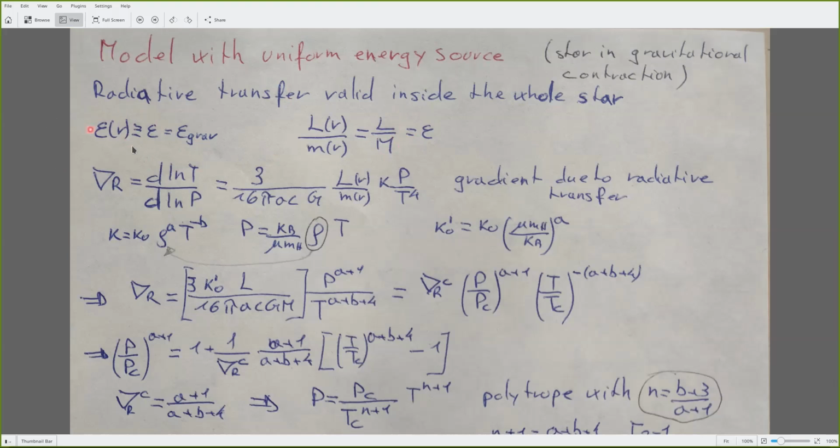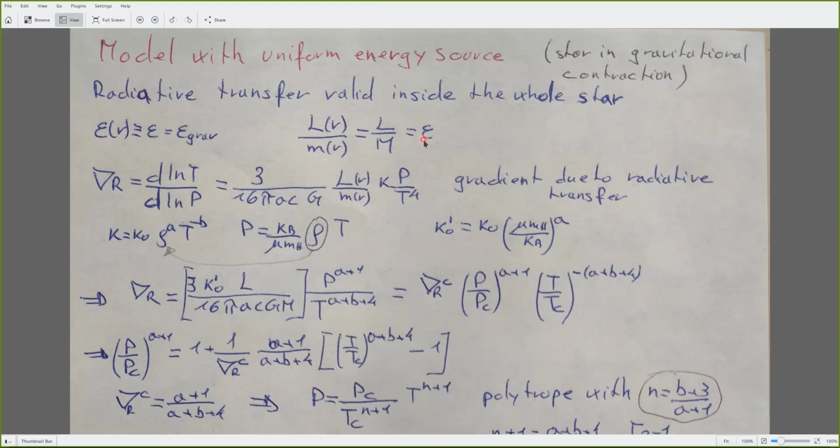So the epsilon in the radius is a constant and is equal to the gravitational energy production rate. This means also that L at a certain radius is equal to the mass times epsilon, because it's uniform.